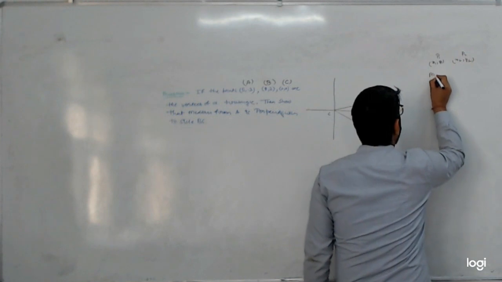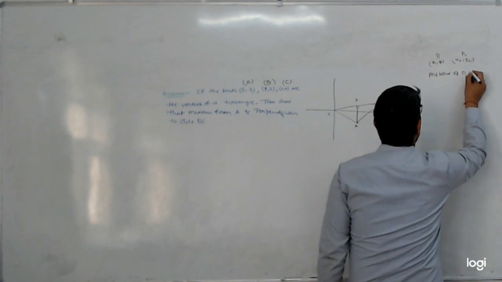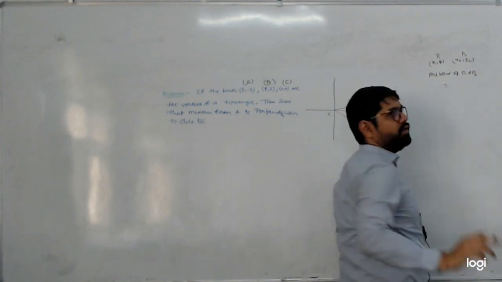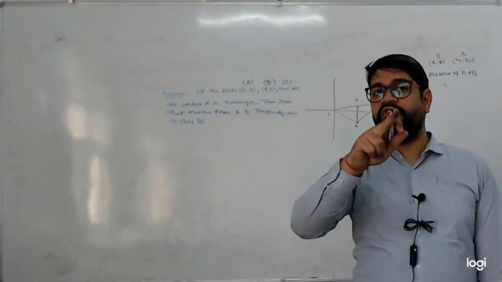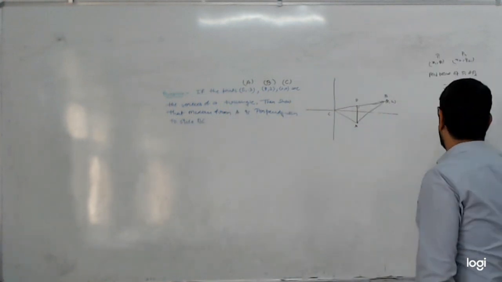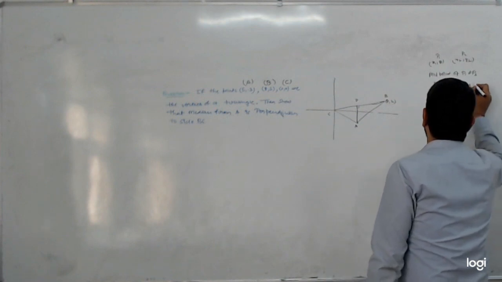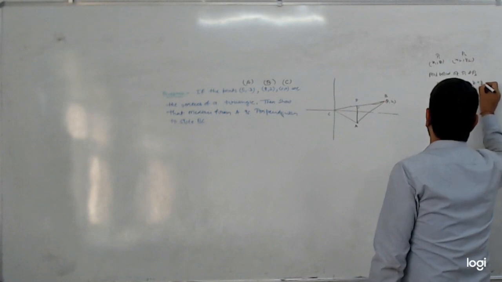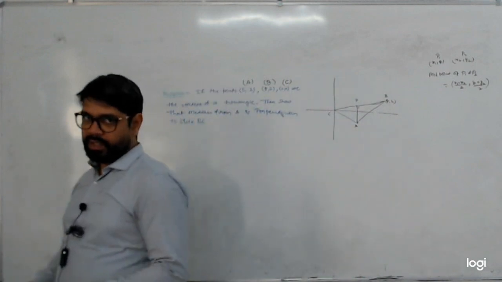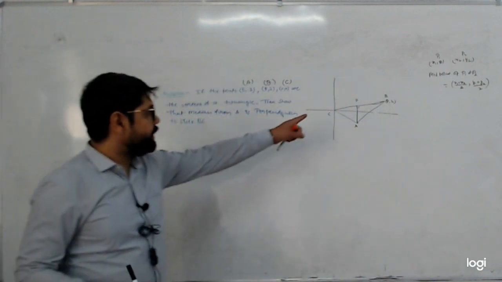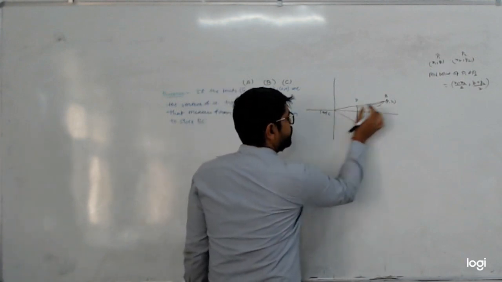Tell me quickly: x1 plus x2 by 2 will be the x-coordinate, y1 plus y2 by 2 will be the y-coordinate. Clear? So to find the coordinates of D, this is my first point, this is my second point.